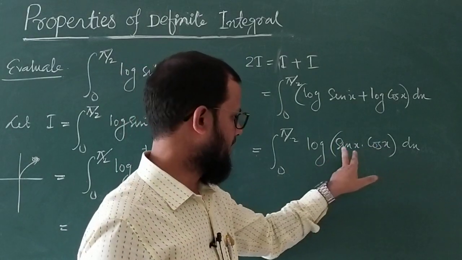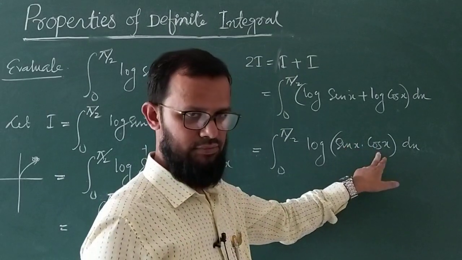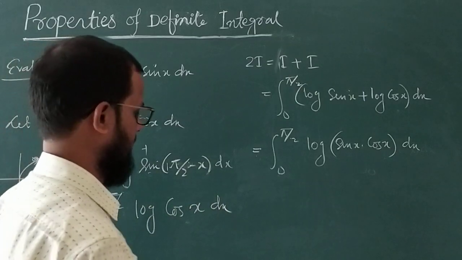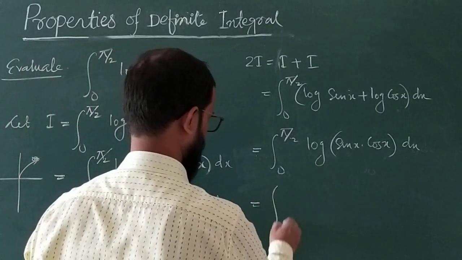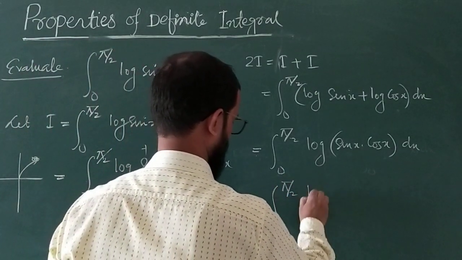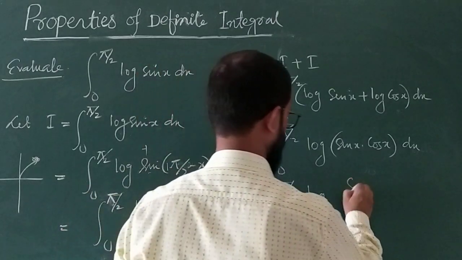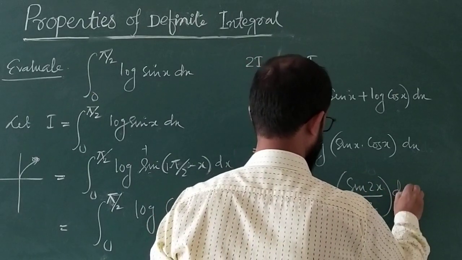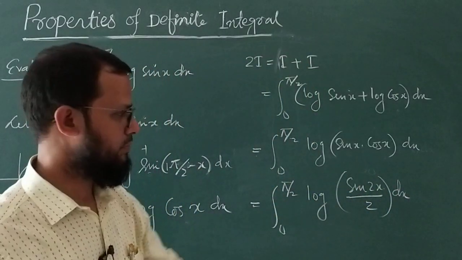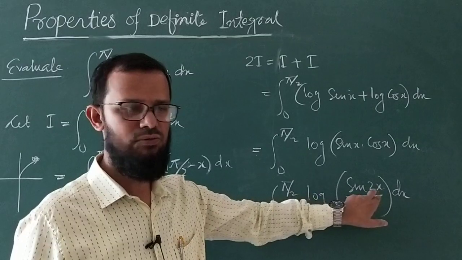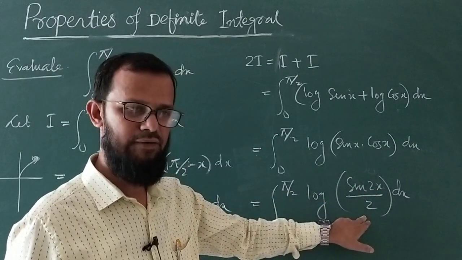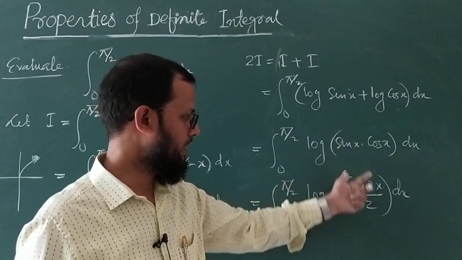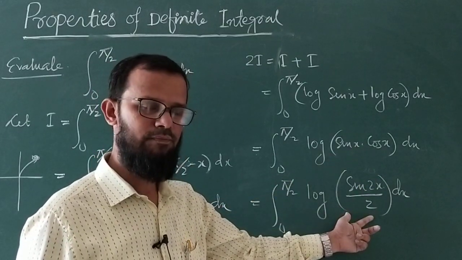My target is to reduce it back to this particular integral again. So here you can write 0 to pi by 2 log (sin 2x by 2) dx. Can I write this? Simply yes, because if you expand this it will be 2 sin x cos x, the 2 cancels, and finally we get this. Clear?